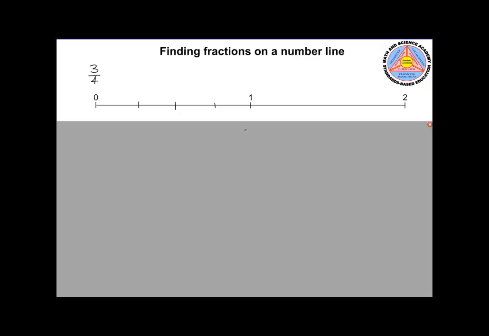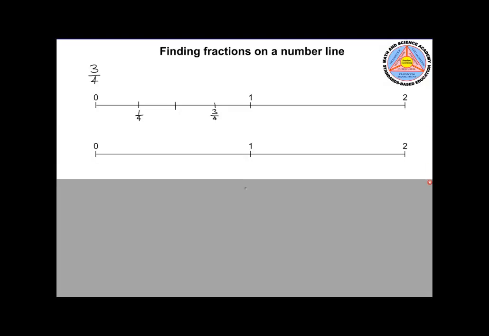We identify the length of 1/4, and then we move 3 times that length from 0 to the right, and we arrive at the location that represents 3/4. Again, we have the location 3/4 here on the number line, and we also have the length 3/4, which is the length of the segment from 0 to 3/4.